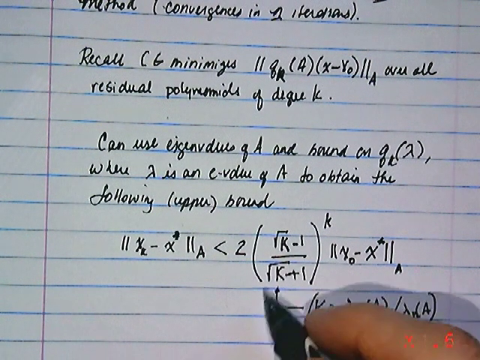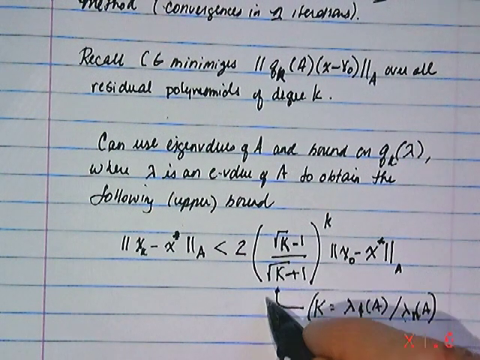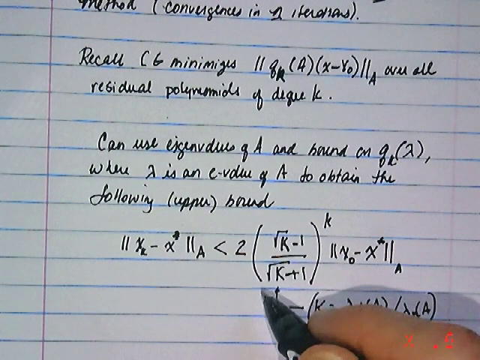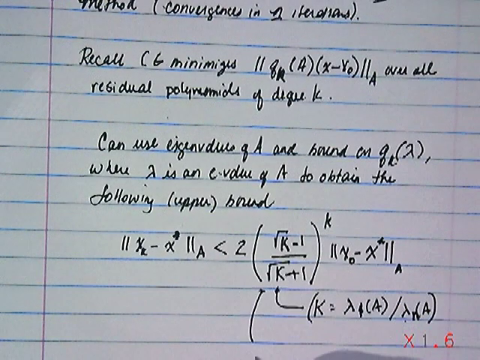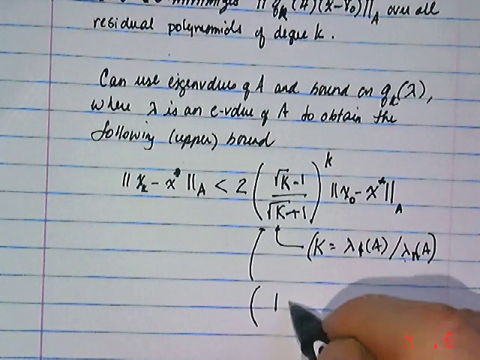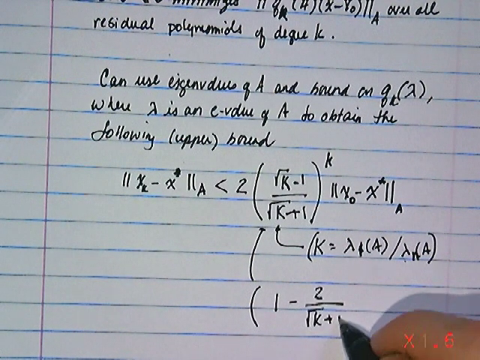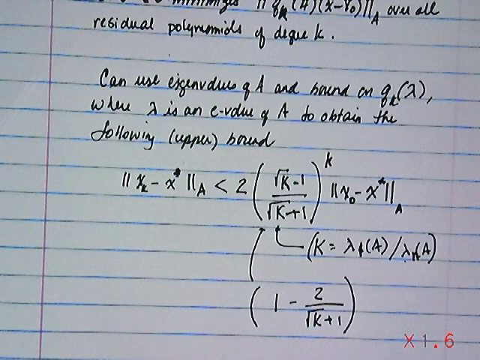And of course, you could look at that parenthetical term there another way, as 1 minus 2 over the square root of capital K plus 1. And again, that's going to be evaluated at k.